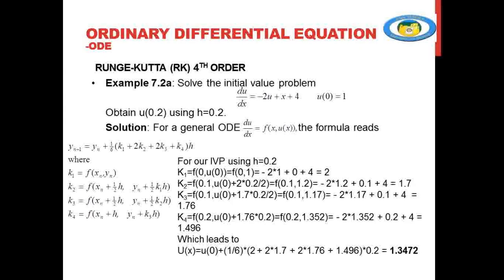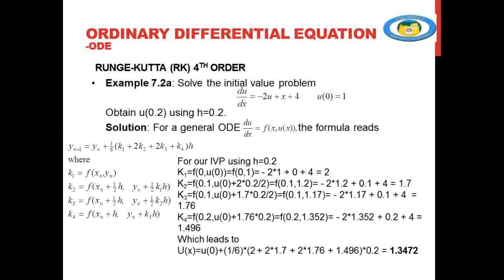Using this value of k1, we are going to obtain first xn plus half h. Xn is 0, half h is 0.1, so 0 plus 0.1 is 0.1. Then yn plus half k1h. Yn is basically the value of u at 0, which is 1, plus half times k1, which is 2, times h, which is 0.2, shall give you 1.2.